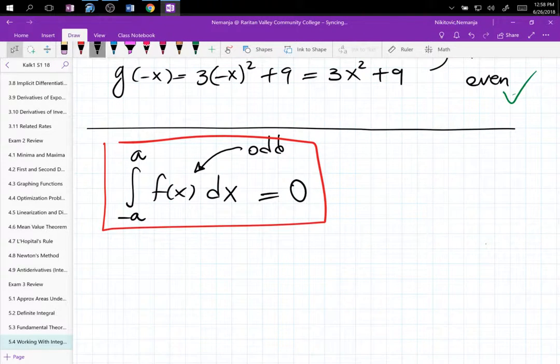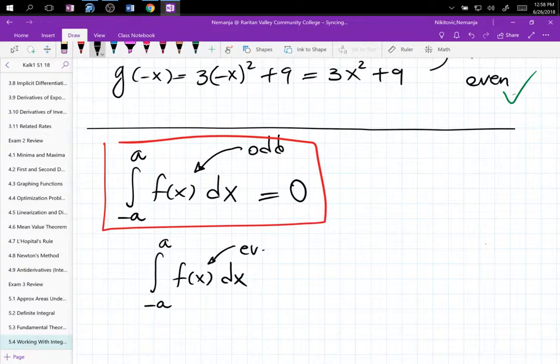We have another one. The integral on the symmetric interval again. So this is like -2 to 2, or -10 to +10, right? That's -a to a. On a symmetric interval, the integral of f of x dx, where f of x is even, is going to be 2 times the integral from 0 to a of f of x dx.